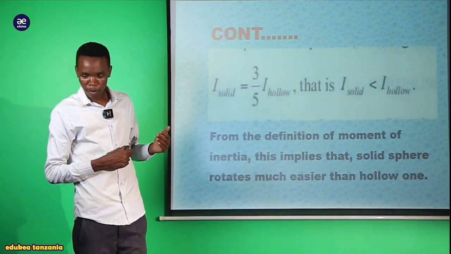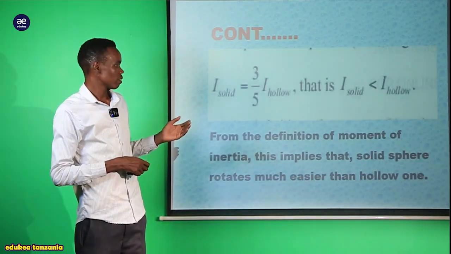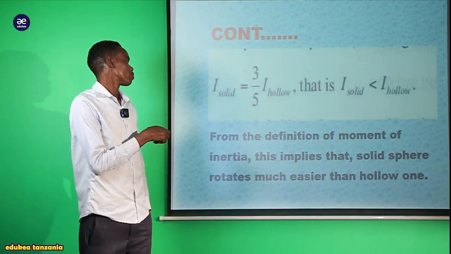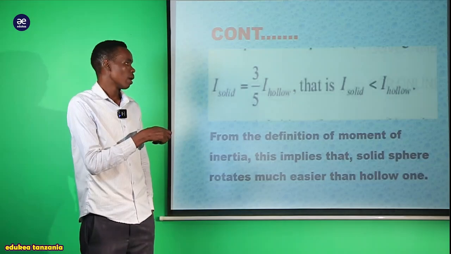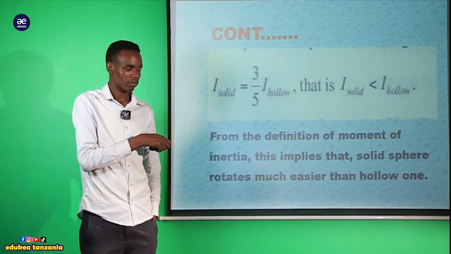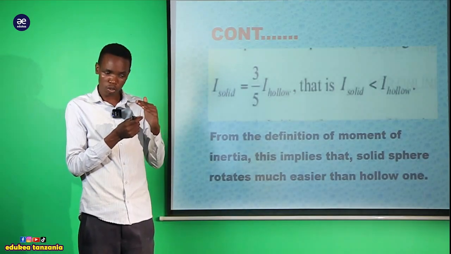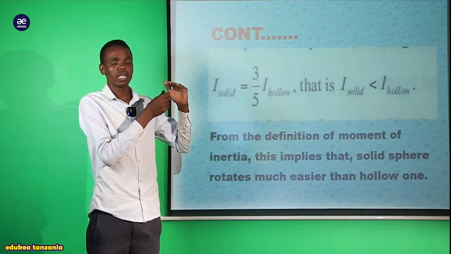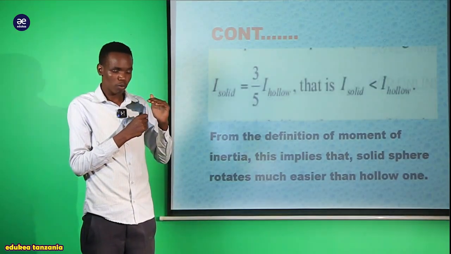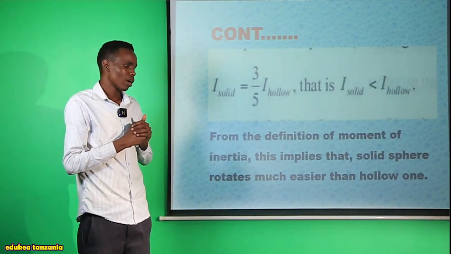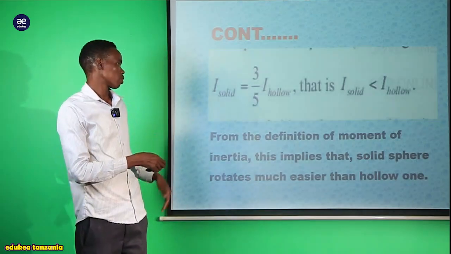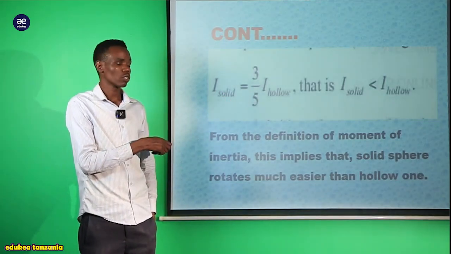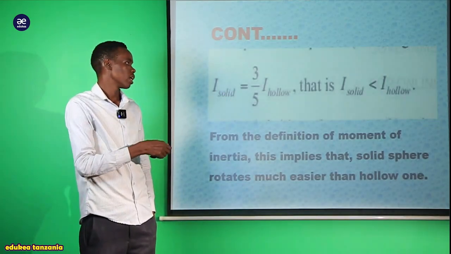The ratio of the moment of inertia must be given by taking that the moment of inertia of the solid sphere is equal to 3 divided by 5. If you take the ratio of the moment of inertia of the solid sphere to that of the hollow sphere, you find that the moment of inertia of the solid sphere is 3/5 of that of the hollow sphere.